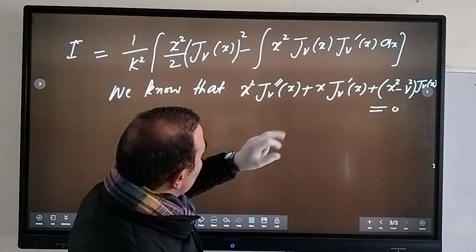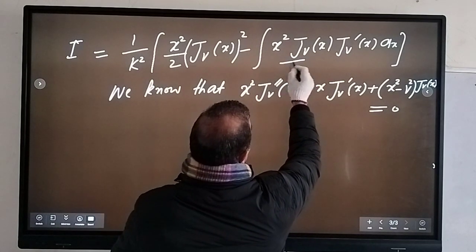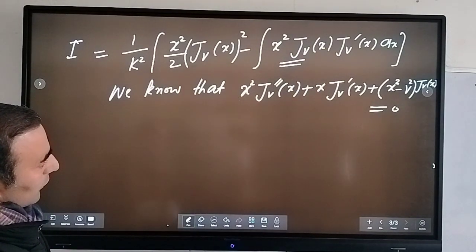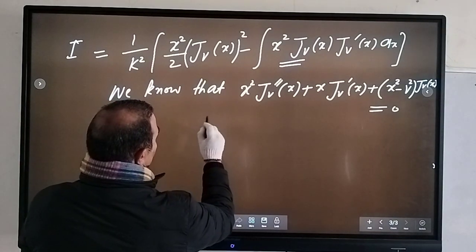Now we can do one thing. We can rewrite this as, so I can take this part from here, right? Or you can write that. So what is our x square Jv of x?